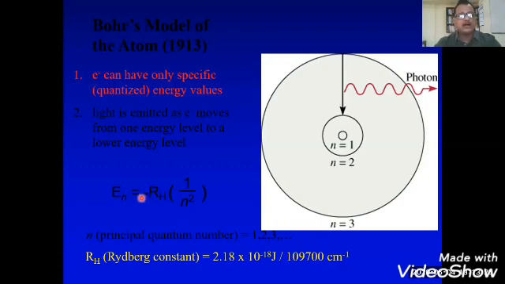Now you can ask me why the electron energy is negative. Because we consider the energy of a free electron, that means an electron which is not under the attraction of the nucleus, to be 0. So once the electron gets into the atom, it will experience nuclear attraction, and attraction will always lower energy, and as a result energy is taken to be negative.